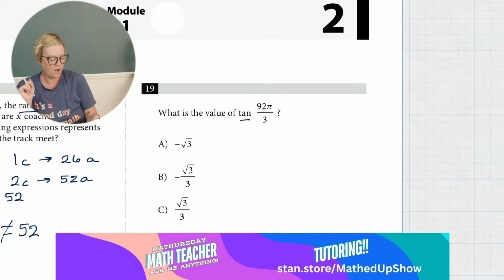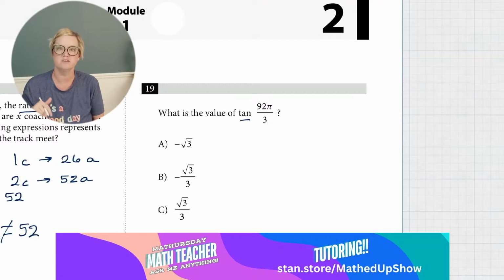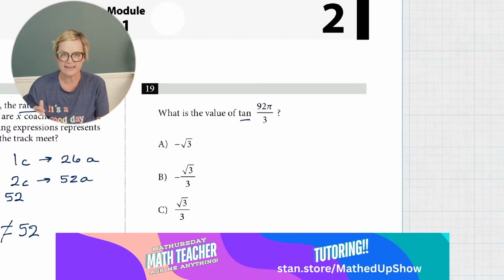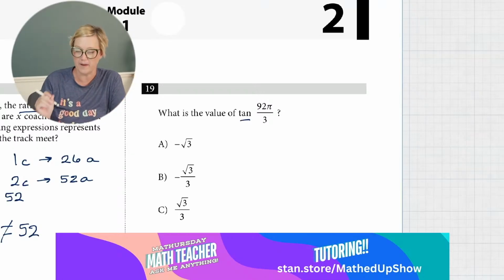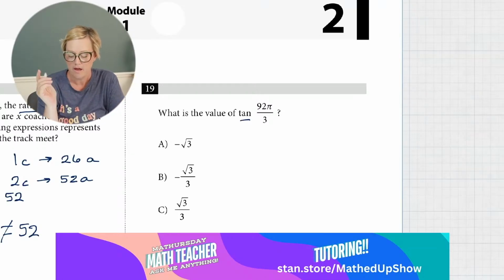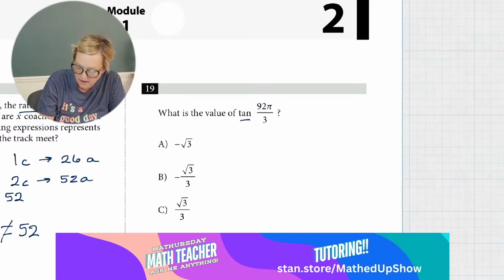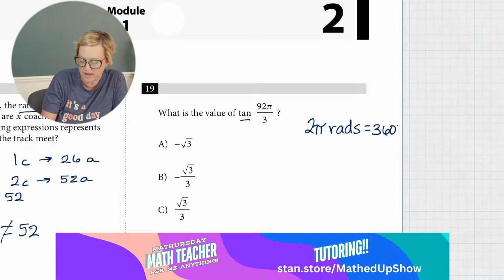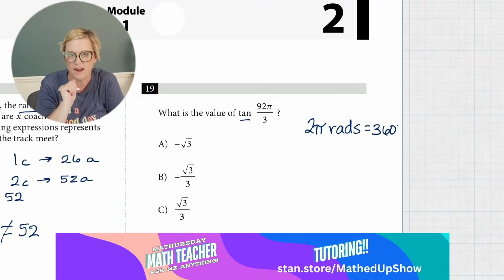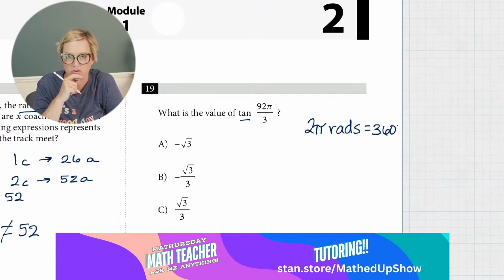This is one of those things that comes up with lots of practice on taking the exams itself. I don't know the unit circle, but they do tell you that 2 pi radians is 360 degrees. I know that I have a tangent key on my calculator.